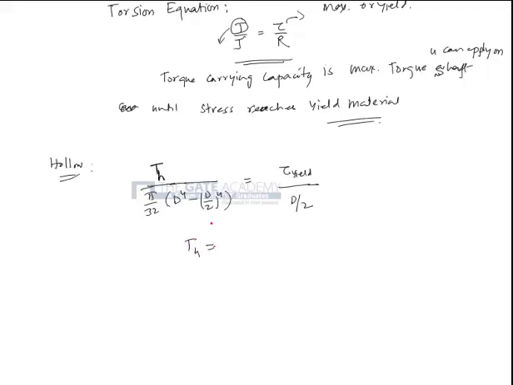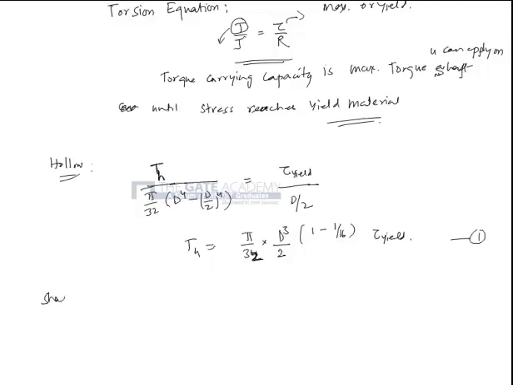Simplifying, TH is pi by 32, into 2, into d cube, into 1 minus 1 by 16, and tau yield. Let this be equation 1.